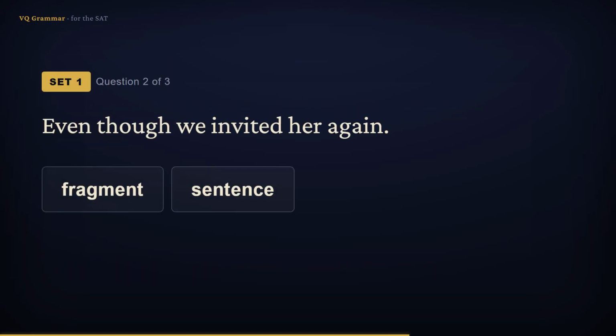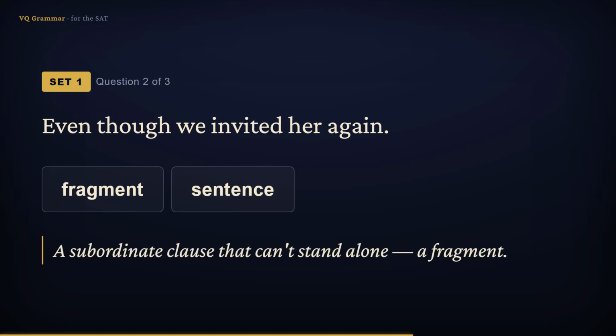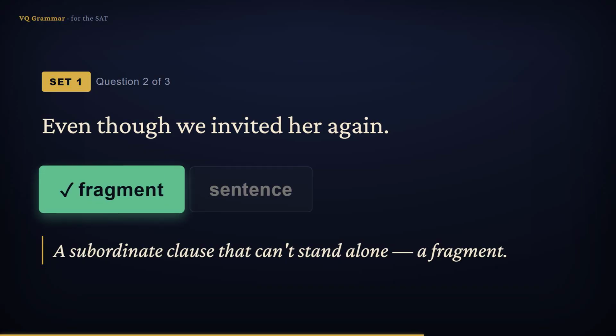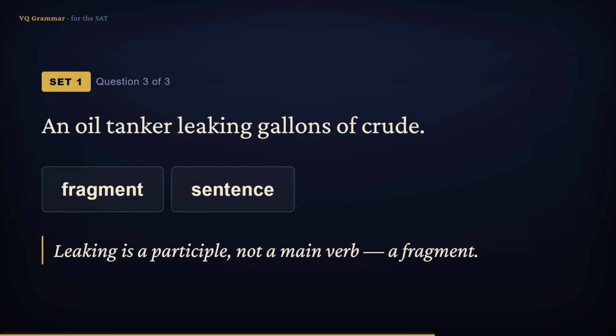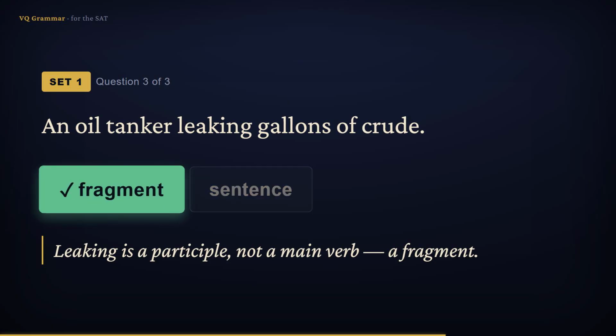"Even though we invited her again." The words even though make this a subordinate clause that can't stand alone, so it's a fragment. "An oil tanker leaking gallons of crude." Leaking is a participle, not a main verb, so there's no real predicate, so it's a fragment.